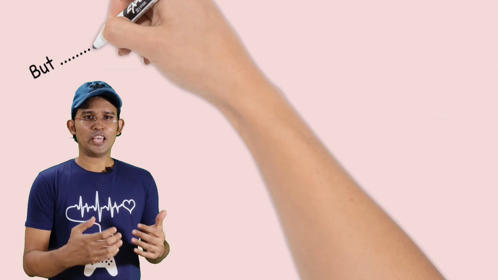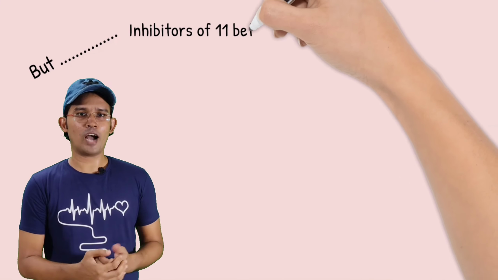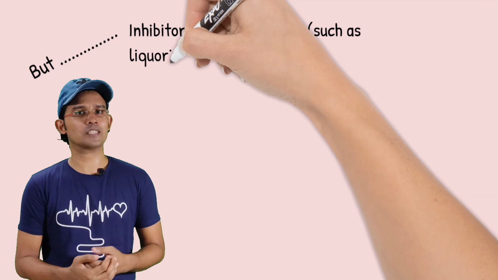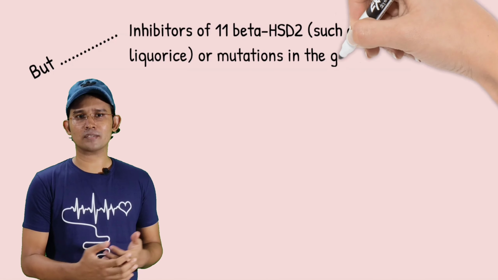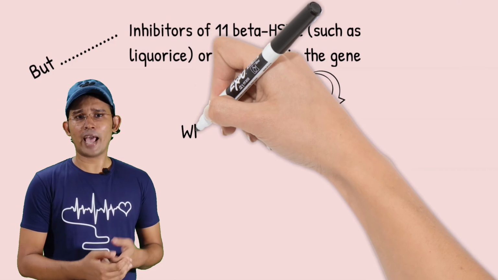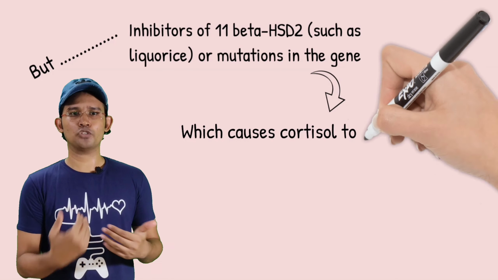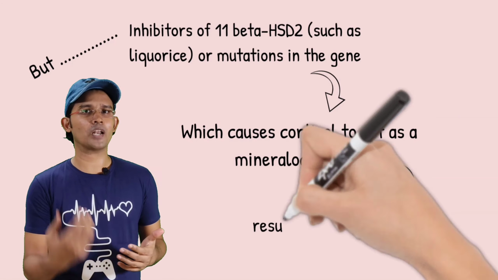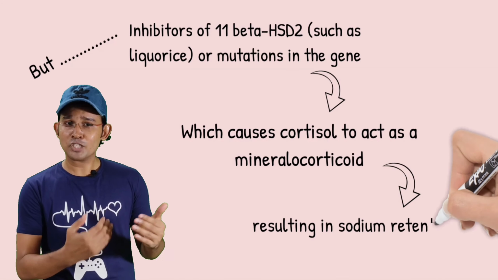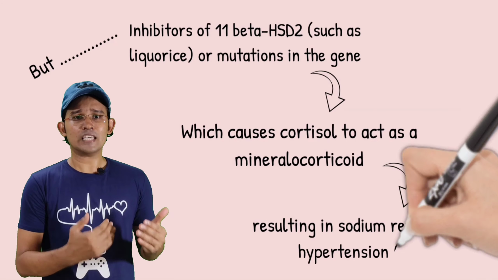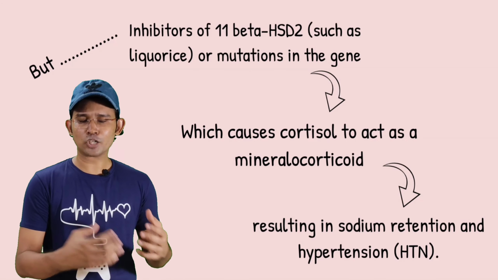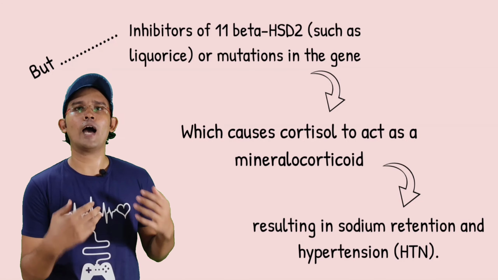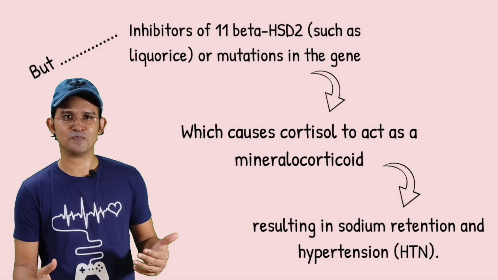But inhibitors of 11-beta hydroxysteroid dehydrogenase type 2, such as licorice, and also a mutation in the gene, cause cortisol to act as a mineralocorticoid, resulting in sodium retention, and that causes hypertension, HTN.